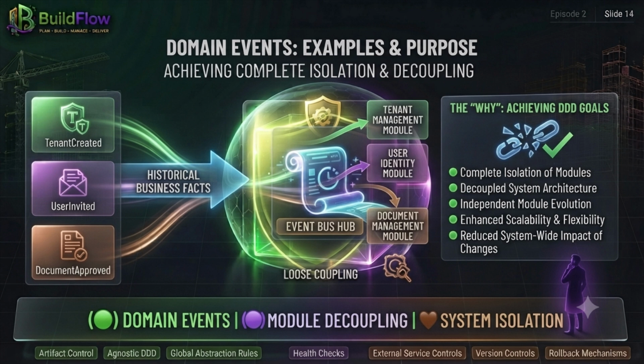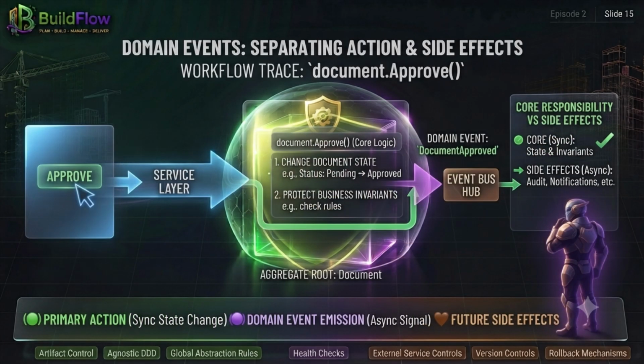But why go through the trouble of using them? You use them to achieve complete isolation and decoupling, loose coupling. Domain events allow us to separate the primary action that occurred from the side effects that must take place afterward. Let's trace a real workflow in BuildFlow.